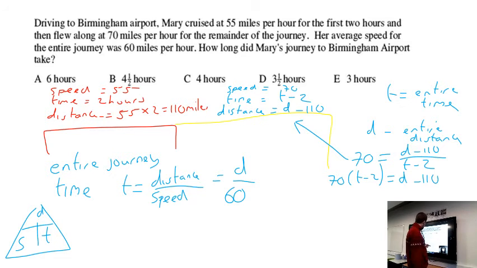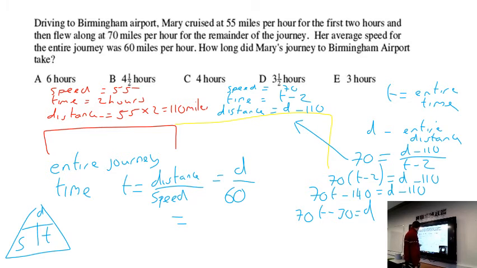Then we need to expand this. This is going to be 70t minus 140 is equal to d minus 110. And then we add 110 to both sides. So 70t minus 30 is equal to d.